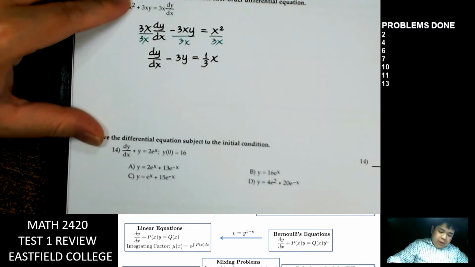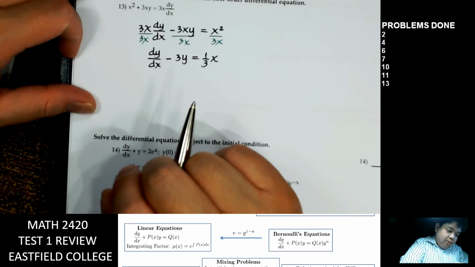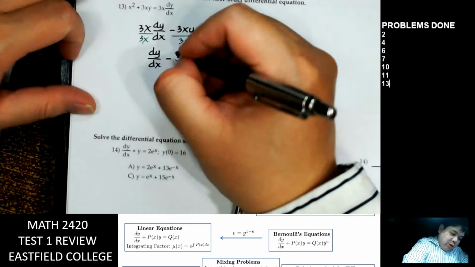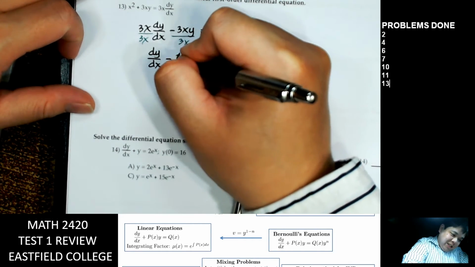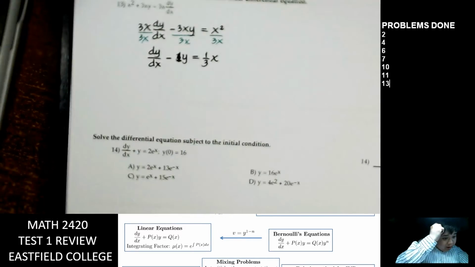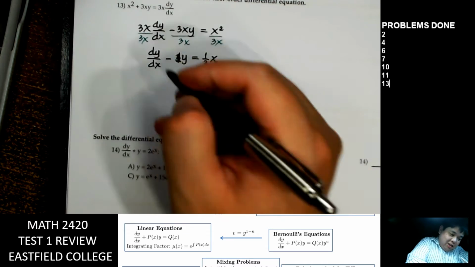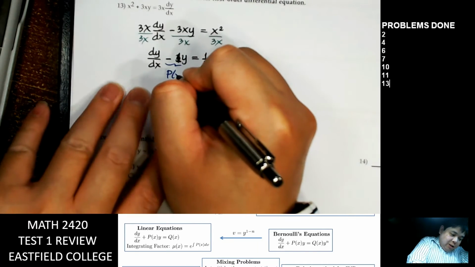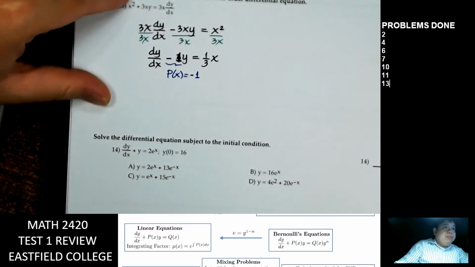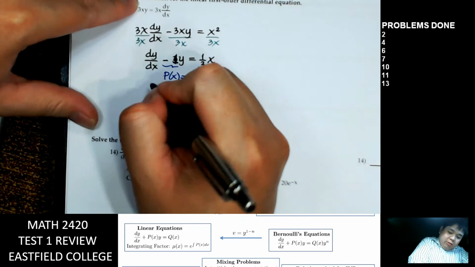Right. So of course the 3 cancels out as well, so this will be 1. Sorry, something didn't look right. Yeah, 3 and 3 cancel out. Right. So p of x is equal to negative 1. So we'll find the integrating factor.